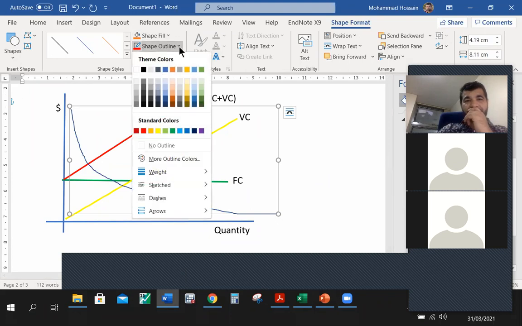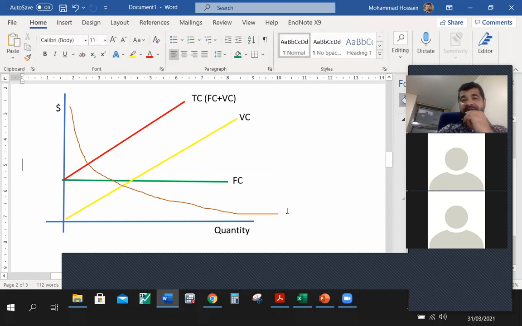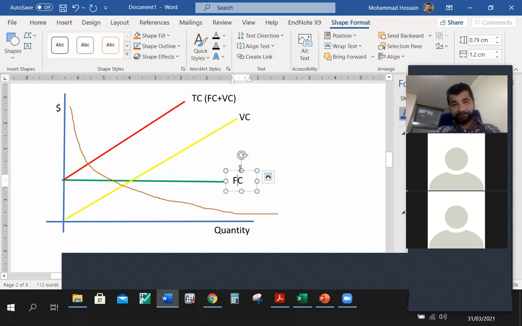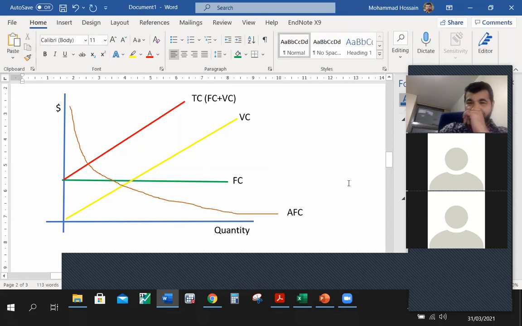I want to see the color as purple. Any other color? Green is there already. Let's say this color. Sorry, what was that one, sir? Average fixed cost. The brown line. Brown line. Average fixed cost.